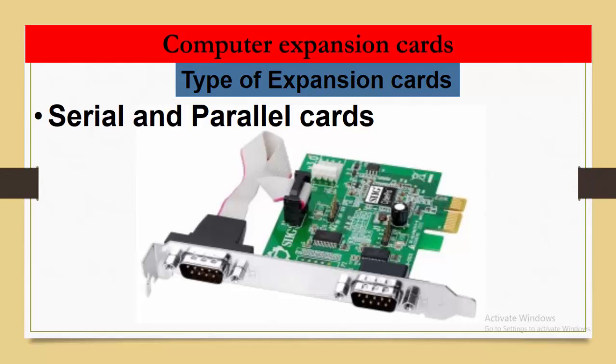Serial ports are able to process data in two-way direction and are often slightly slower than parallel ports due to the more accurate transmission of data they send. But serial and parallel ports have been mostly superseded by the faster and more efficient USB port in modern computers.